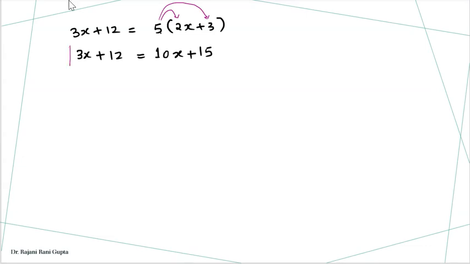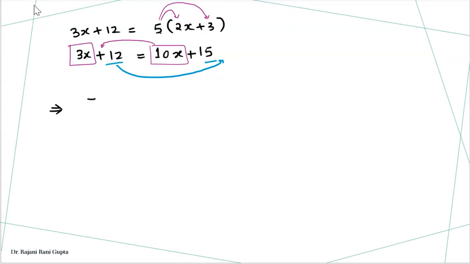Now we have on both sides the term with x. So we move both the terms of x on one side. So let's move it on the left side. Similarly, we have numbers on both sides. So we collect all the numbers on the same side. So let's move 12 on the other side. So what this gives?